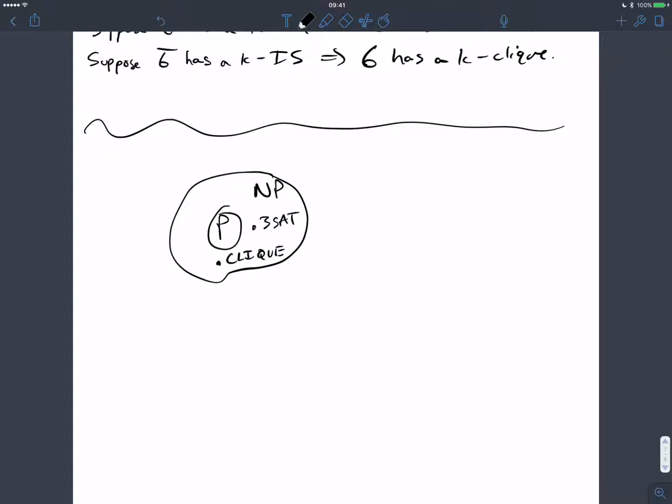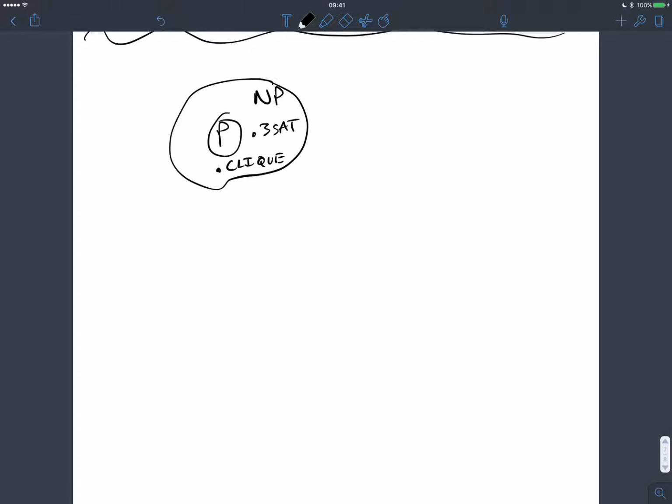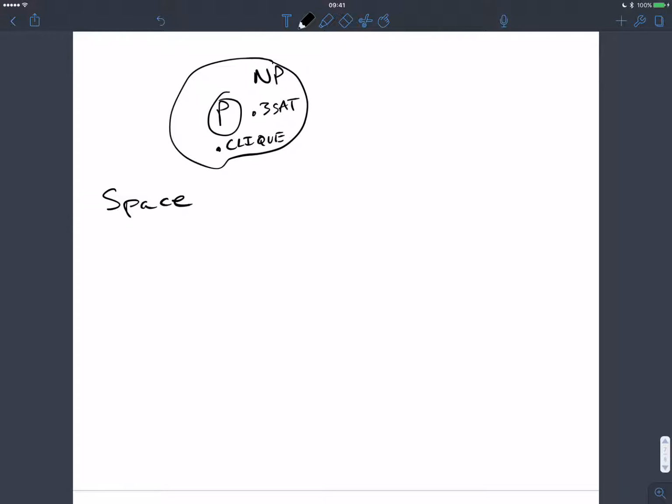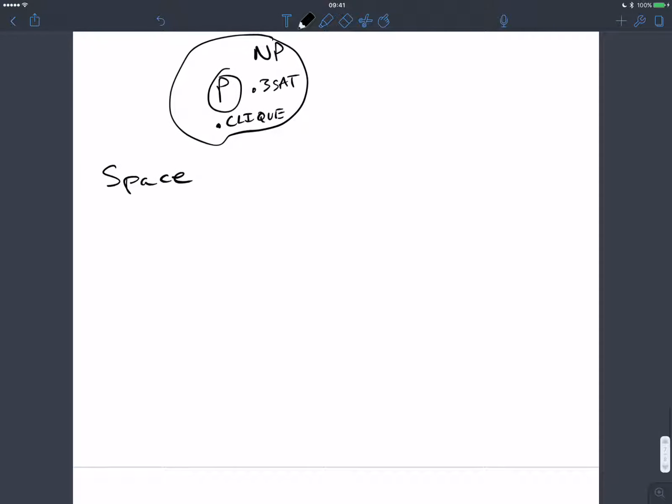Okay, so let's talk about space. We defined this function time before for how long a particular language takes for a Turing machine to compute it.